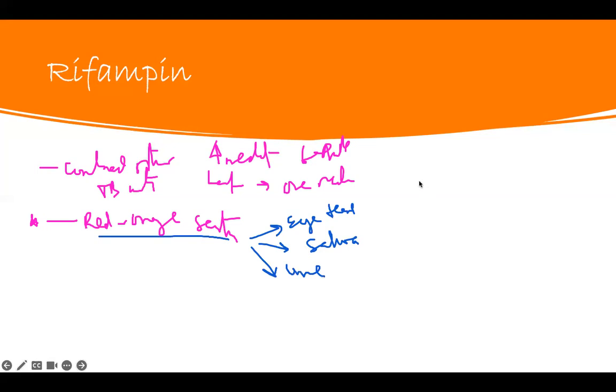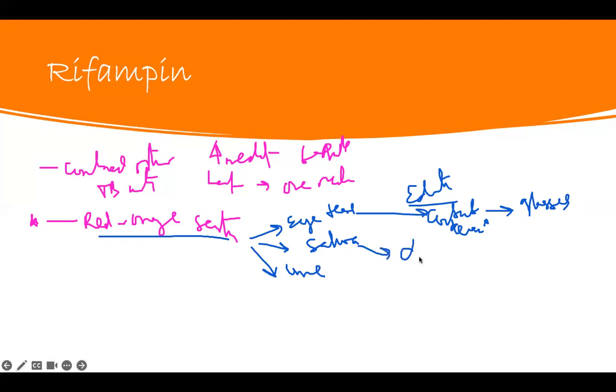So you teach them, okay? When you cry and you see red-orange, don't freak out. It's normal. It's expected. Don't be alarmed about it. You also tell them, if they wear contact lenses, to change to regular glasses for now until they finish the 6 to 9 months, and then they can wear their contacts again. Otherwise, the contacts will stain.